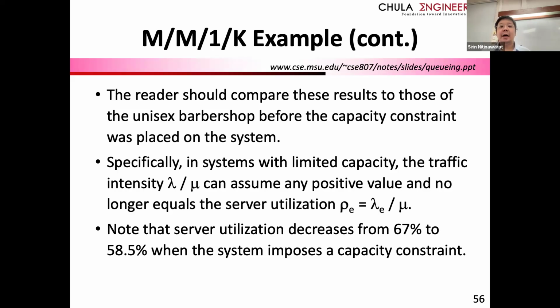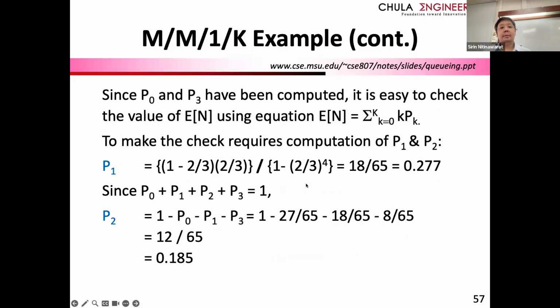That's why you see the decrease in the utilization factor, because the customers that are rejected will never be served. So you see this utilization factor going down from the uncapacitated system, about 66%, to a little below 60%.